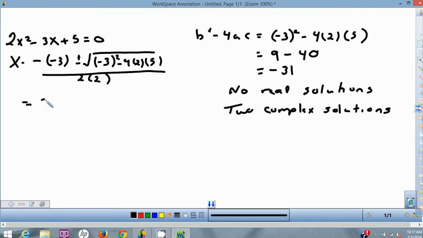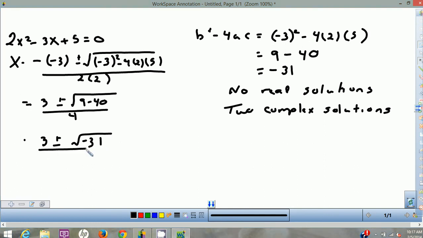And if we figure it out as if we'd never seen it before, we end up with 3 plus or minus the square root of 9 minus 40 all over 4. And 9 minus 40 is negative 31. So 3 plus or minus the square root of negative 31 over 4.